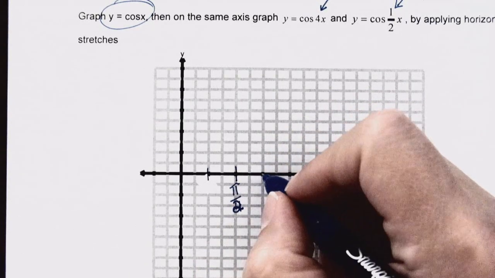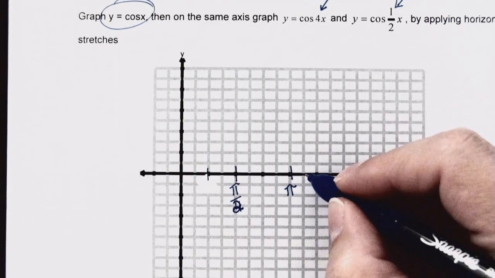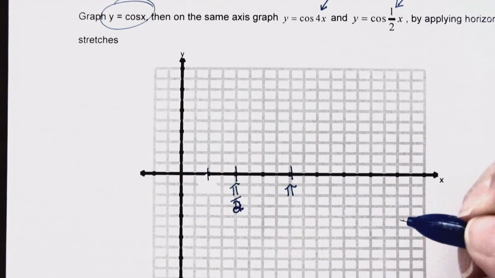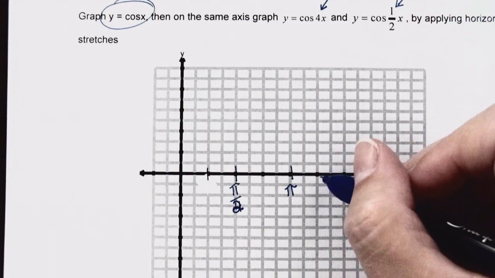Pi over 2. And this will be pi. That is exactly what we do, guys. Was that what made you gasp? It's like I'm trying to math it out in my head so that it looks a little bit better.